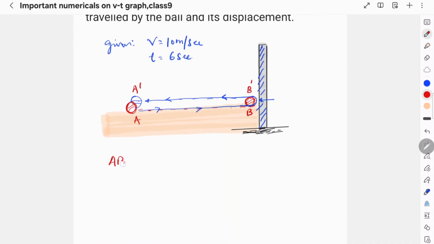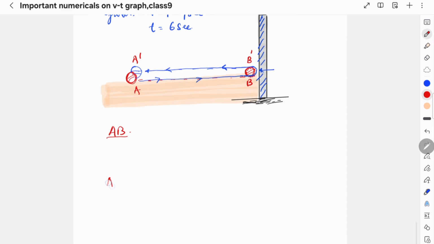Case one is AB, when the ball is starting from the position A and it is hitting the wall at B. And the next part is A dash B dash, that is when the ball hits the wall and it returns back to its original position or the starting point.